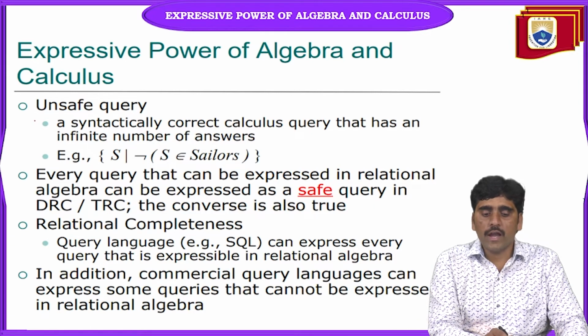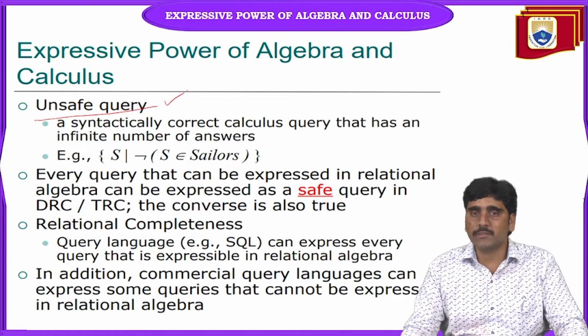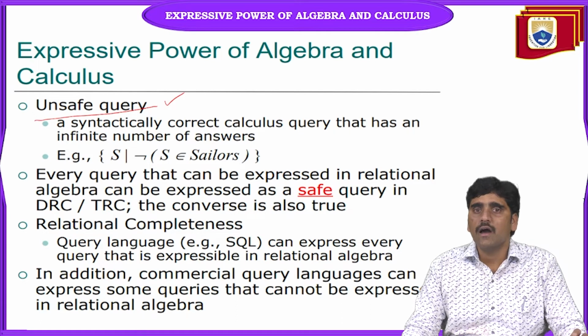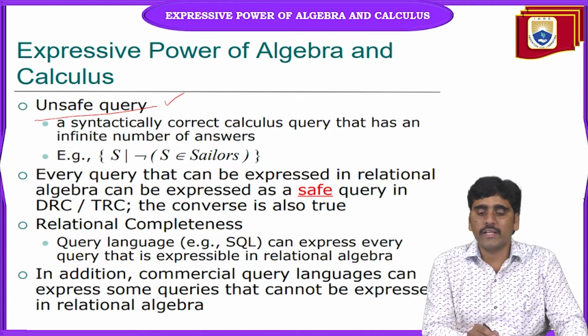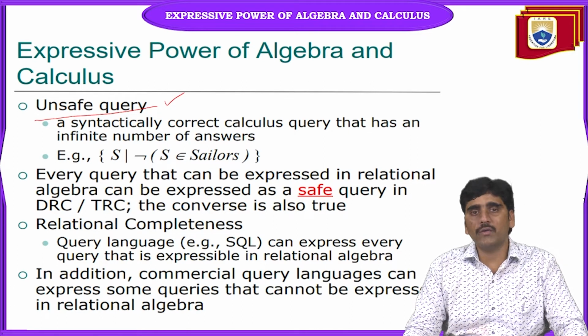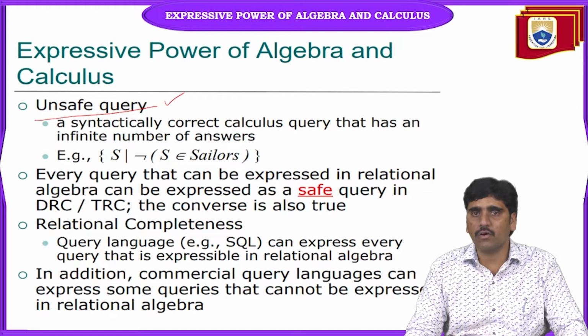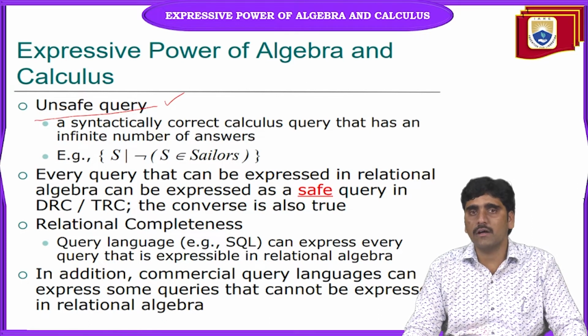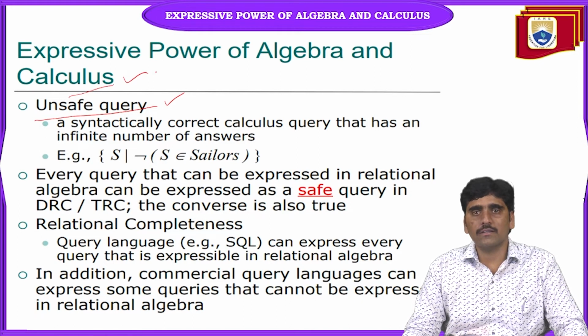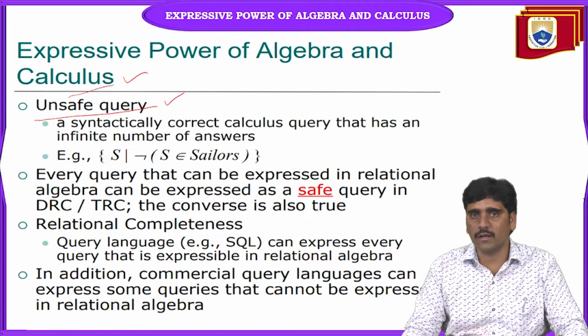So we have to write an unsafe query to express the power of algebra. For that, we use different types of algebraic operations or operators, and similarly for tuple and domain relational calculus.